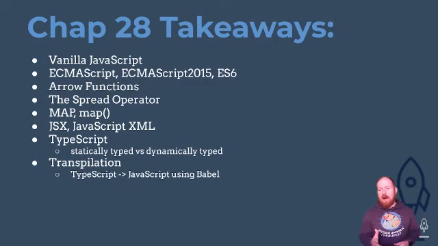So the spread operator: you have a list, and sometimes you want the items in the list, but you don't want the whole list, like you don't want the array, you don't want the brackets around it. So you can do a dot, dot, dot, and then the array name, and it'll spread out the elements of that list or array.